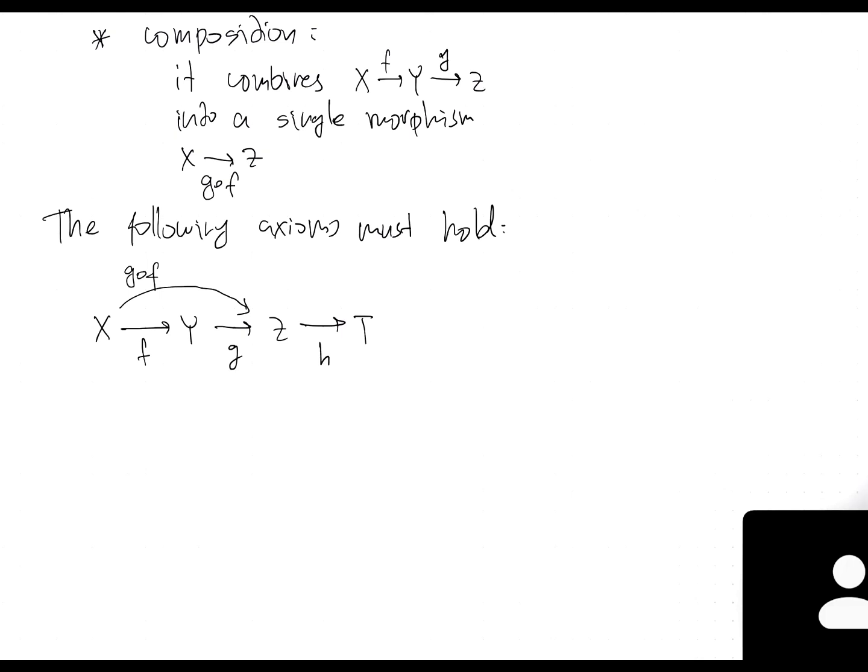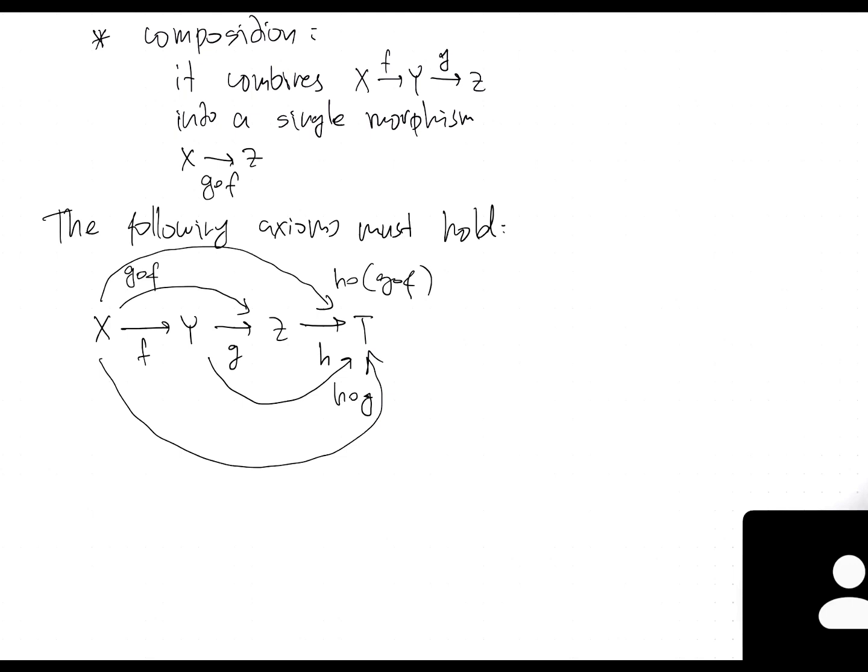And then by applying it again with H, we could form H composed with G composed with F. But we could also do it the other way around. First form H composed with G. Oh, I don't need those brackets there, sorry. Let me take them off. And then form H composed with G composed with F.